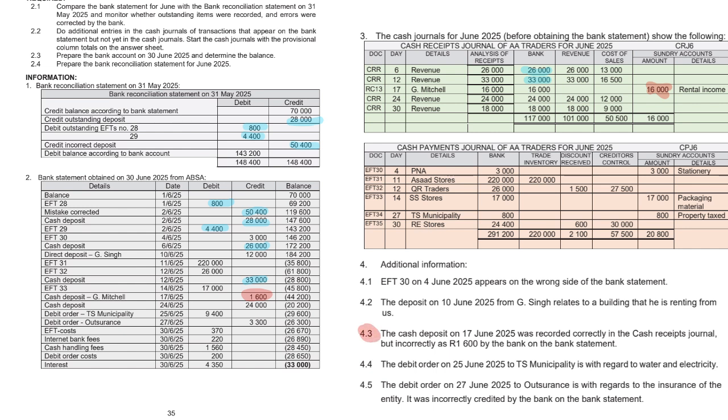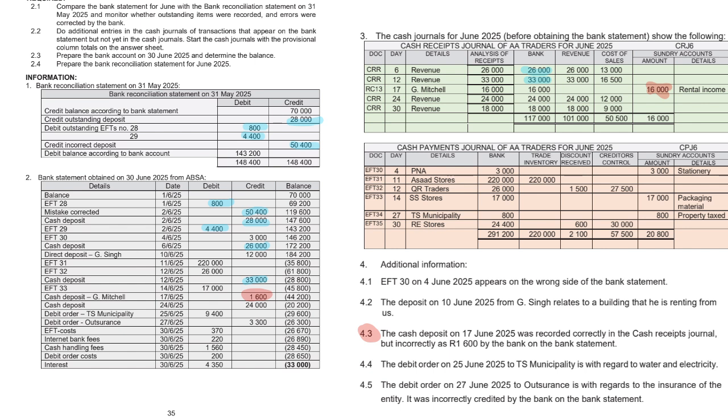So just go use the same color. So this entry of 4.3, we're getting the information from our CRJ as well as our bank statement, and we're going to check now when we read our additional information whether we have to change the bank recon statement or the CRJ. But that's all we're doing for now. We're just ticking off what is similar and what are the errors.